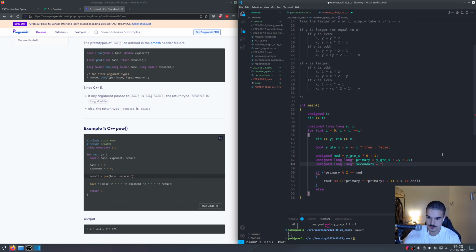That is quite simply if your primary is equal to y, then obviously it's going to be x, otherwise it's going to be y. So actually, rather than plus x, it's plus secondary.